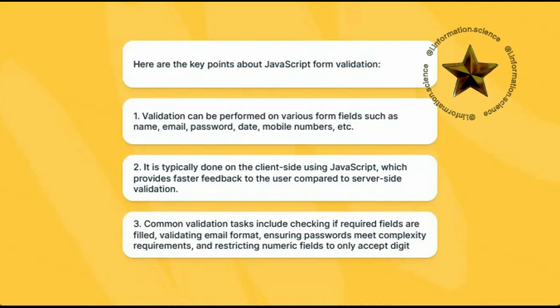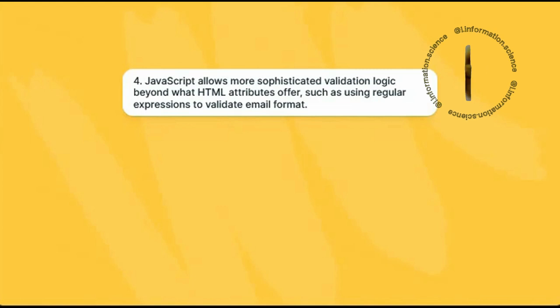Common validation tasks include checking if required fields are filled, validating email format, ensuring passwords meet complexity requirements, and restricting numeric fields to only accept digits. 4. JavaScript allows more sophisticated validation logic beyond what HTML attributes offer, such as using regular expressions to validate email format.